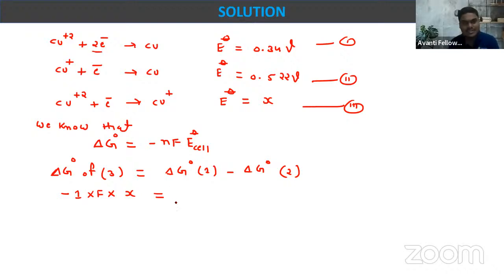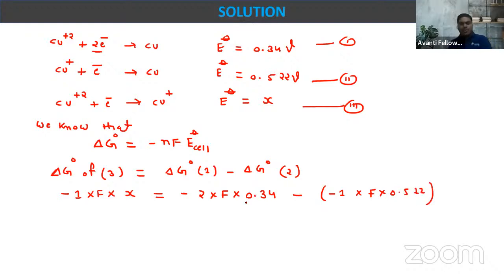Here the value of n is 2. So here we have 2F and the value is given as 0.34 volt. Similarly, in the second equation, n is 1, that is minus 1 into F into 0.52.